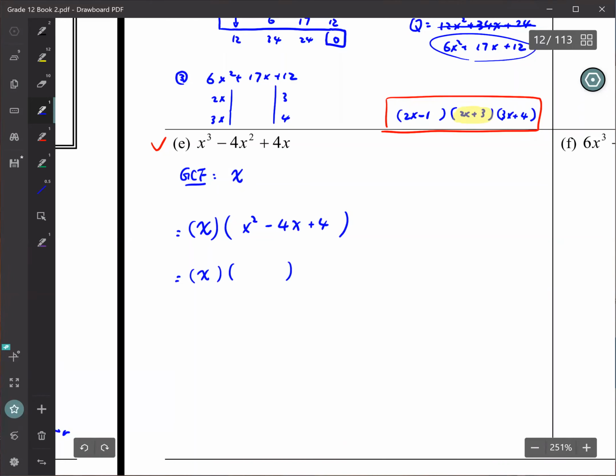Okay, so can this be factored even more? If you finished it, please raise your hand. Okay, so Donna, what are the factors then?